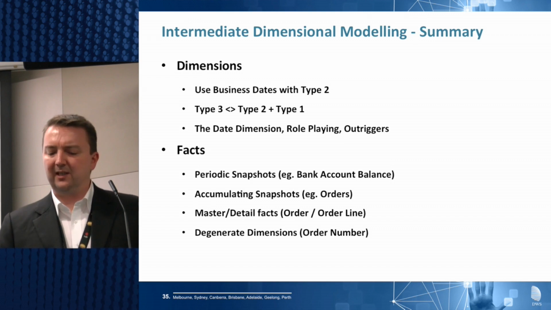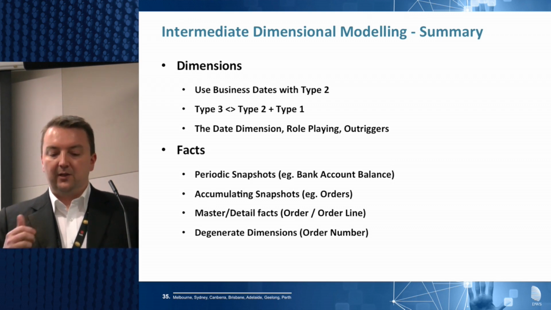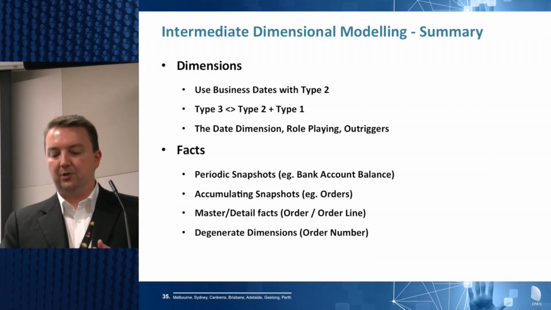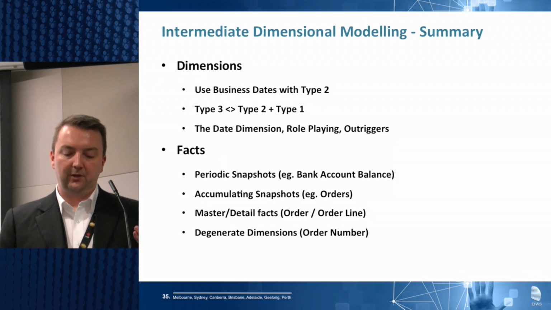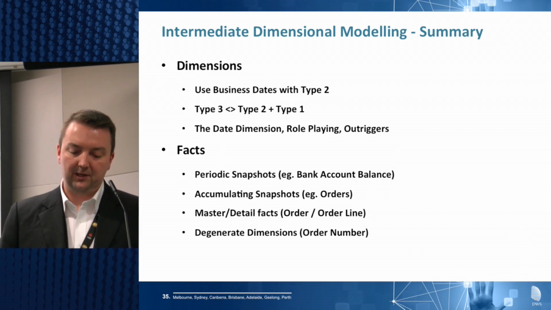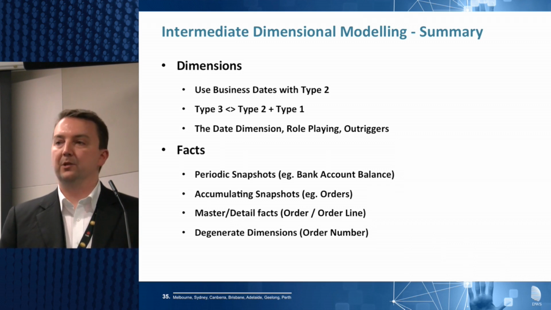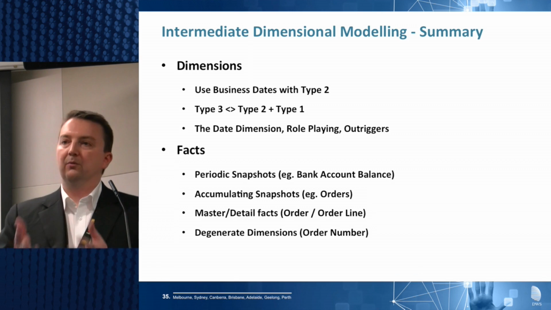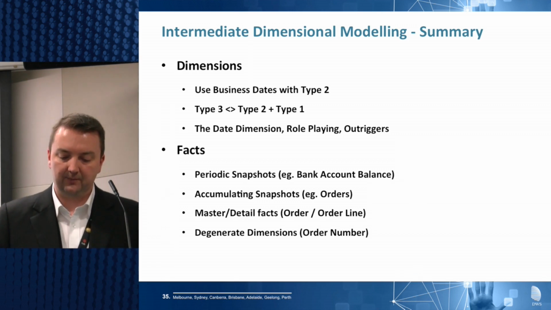Date dimensions and the way date dimensions behave for role-playing and outriggers. And facts, they're not just discrete transaction-based facts. We've got periodic snapshots and accumulating snapshots are the other two big ones. We've also learned how to deal with master detail facts. We don't treat the master as a dimension. We roll attributes down, or if we absolutely have to, roll attributes up into the master.